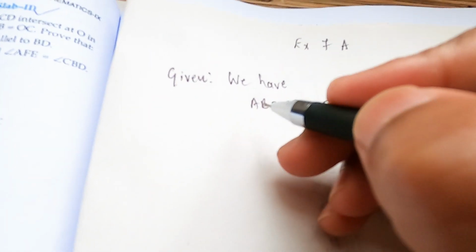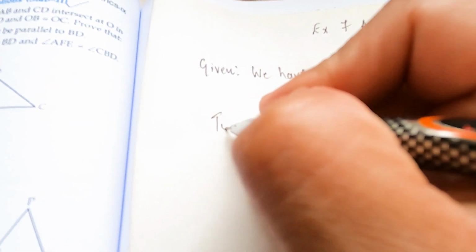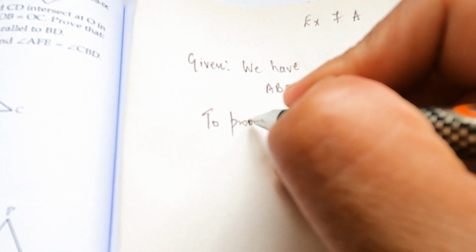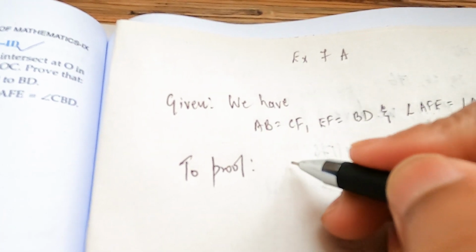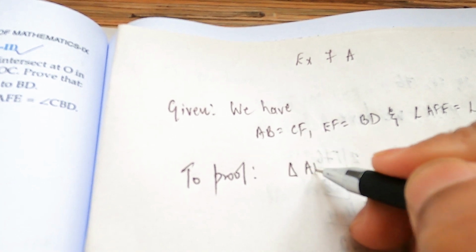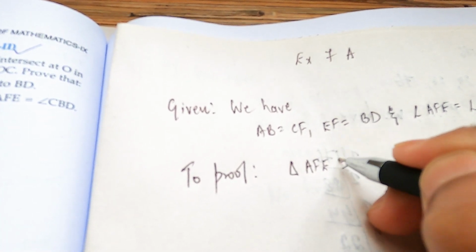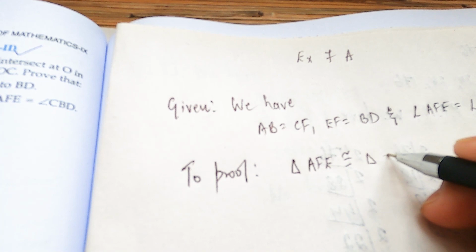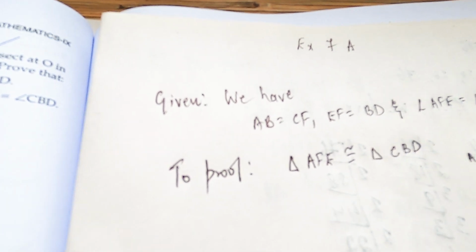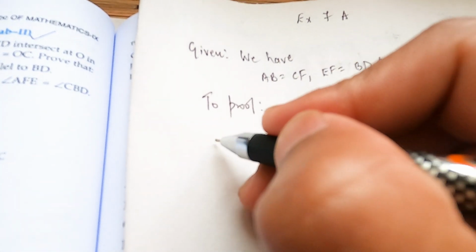Alright, so to prove, what do we have to prove? That triangle AFE is congruent to triangle CBD. So let us prove this one.